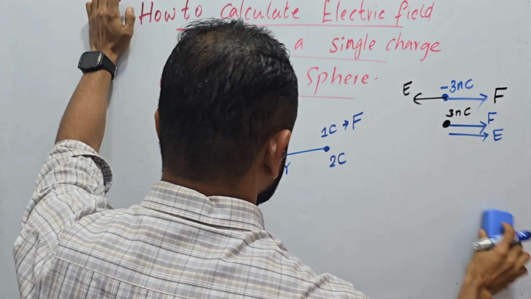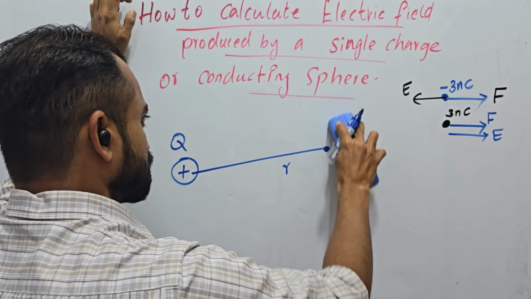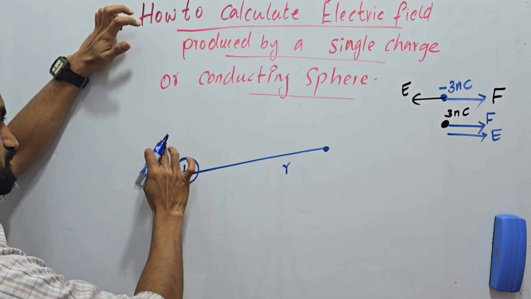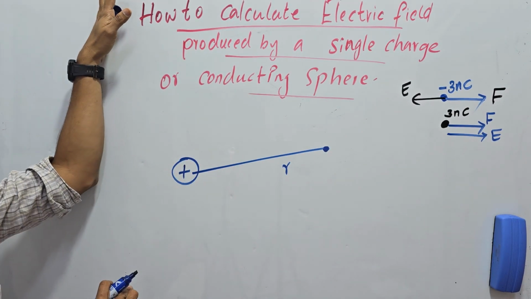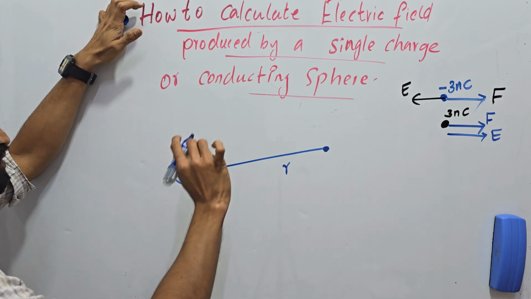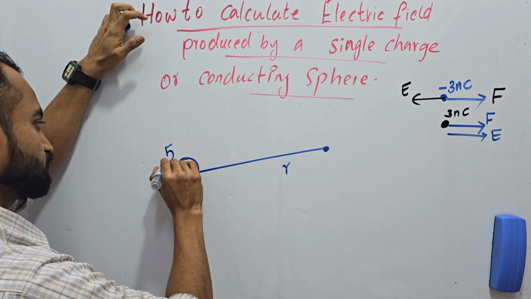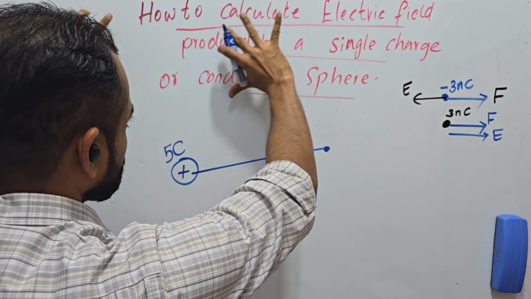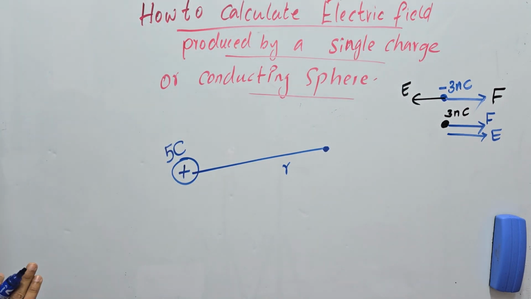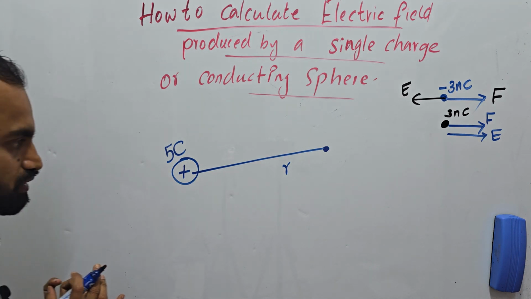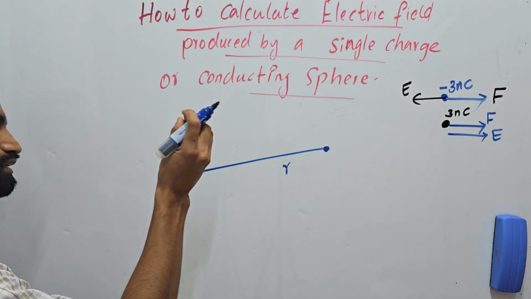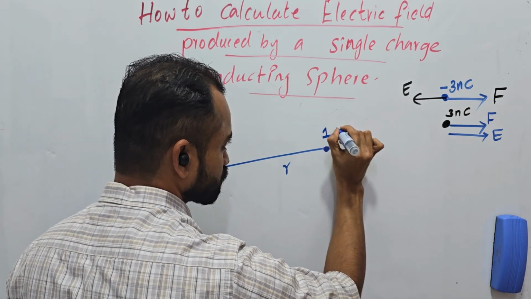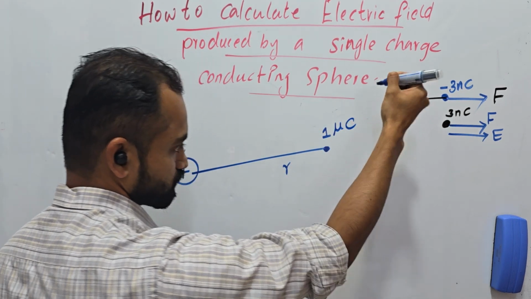Listen, for example, here I will give you a charge, a 5 coulomb charge. This 5 coulomb charge will produce an electric field here, right? At a distance of, for example, 2 meters away from this charge, you place a 1 microcoulomb charge.